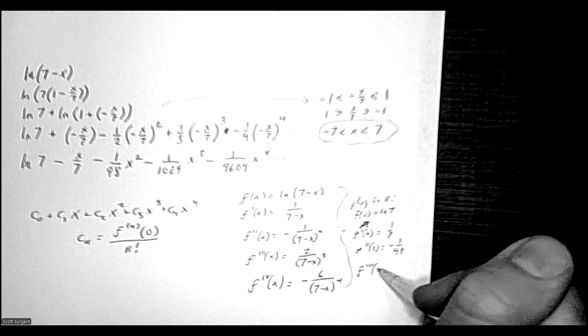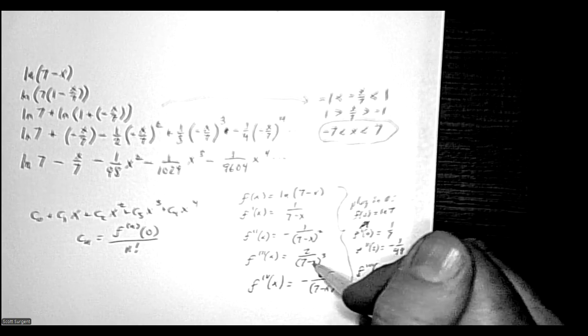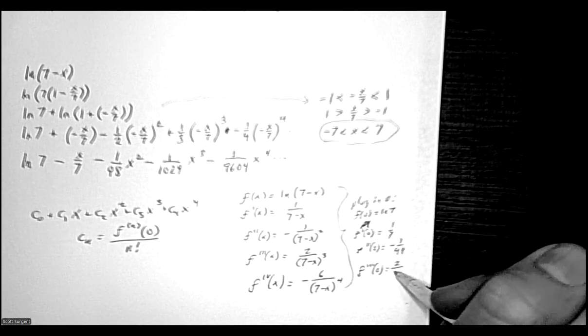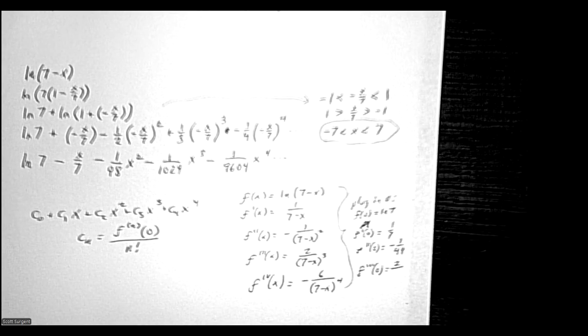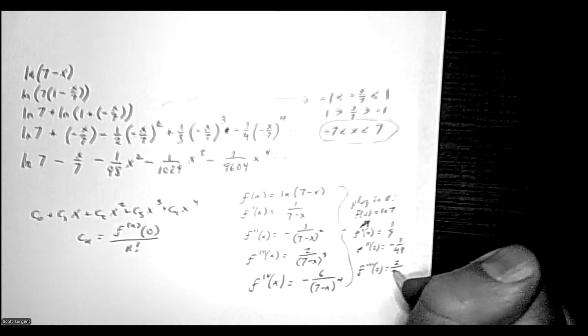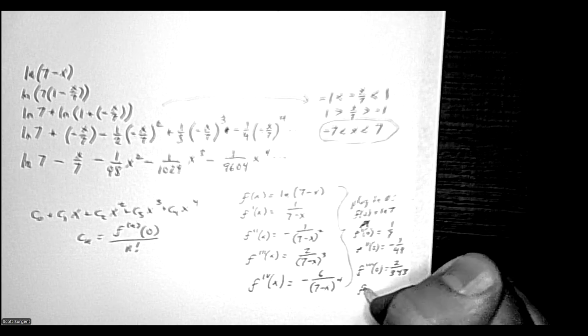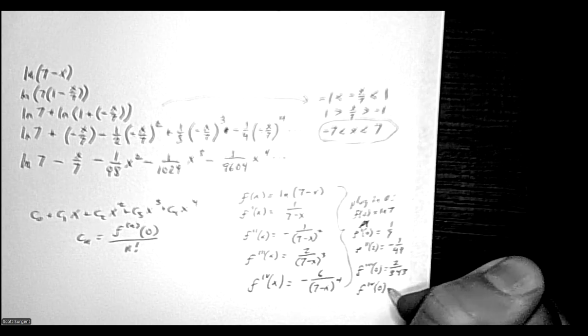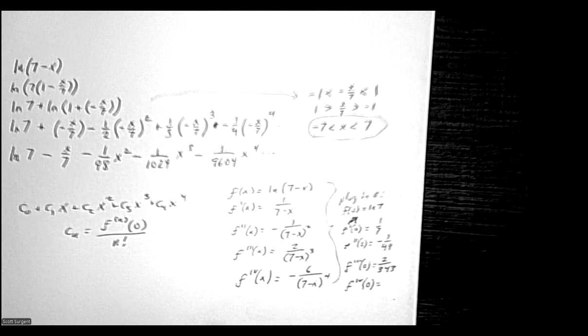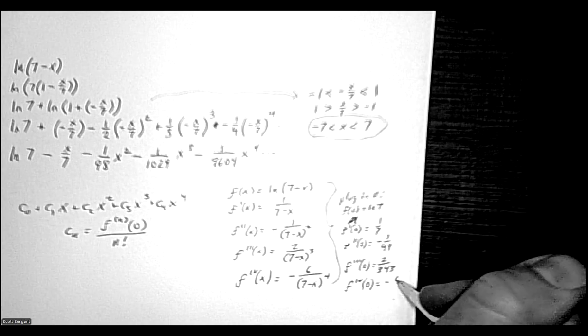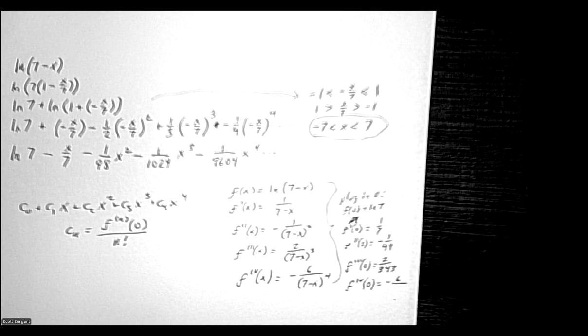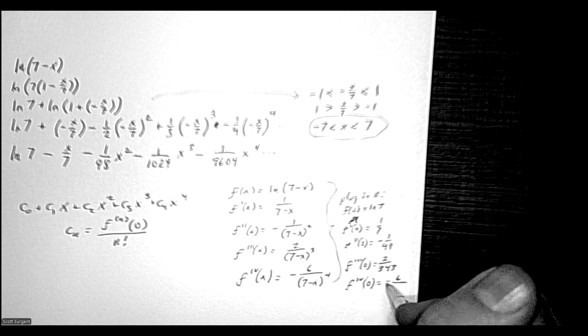F triple prime at 0 is 2 over 7 cubed, and 7 cubed is 343. And at the fourth derivative, it's going to be -6 over 7 to the fourth, which is 2401.